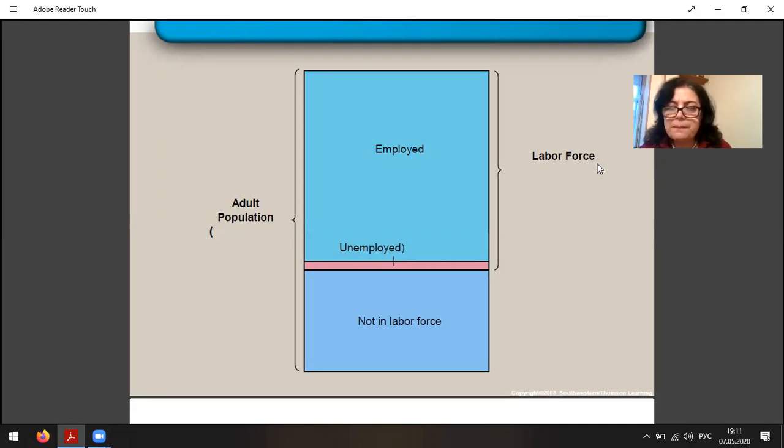As you can see, in normally developed and successful economies, the number of employed significantly exceeds the number of unemployed people. But unfortunately, economic realities frequently show us evidence when the situation is strictly opposite, when the number of unemployed people exceeds the number of employed.